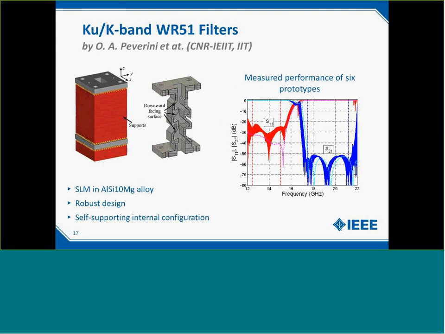The last examples come from the National Research Council of Italy and the Institute of Technology of Italy. They developed a Ku band configuration that is based on a robust design that minimizes the impact of mechanical errors on the radio frequency performances. The layout is based on a self-supporting internal configuration. What does it mean?